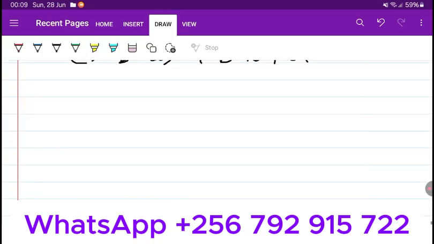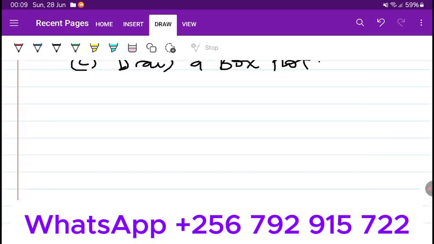So let's start arranging the data. Of course, we have seen the data has a 5 as the smallest value.